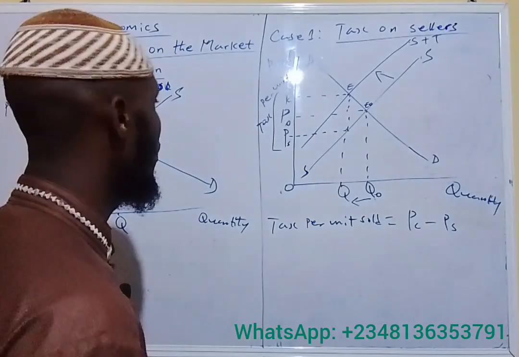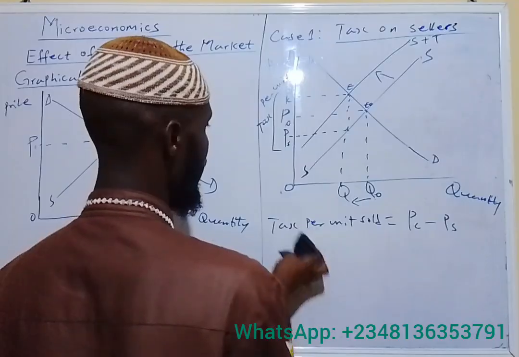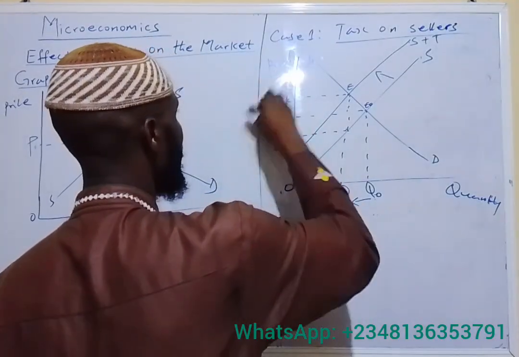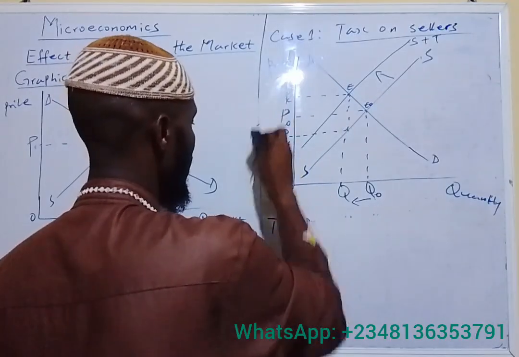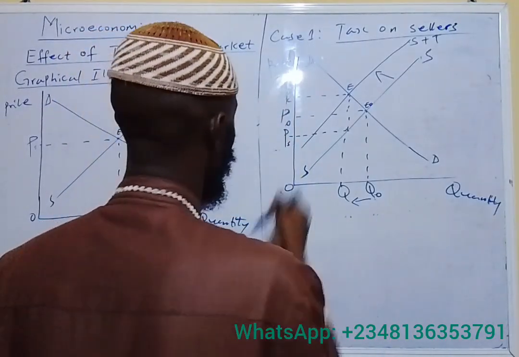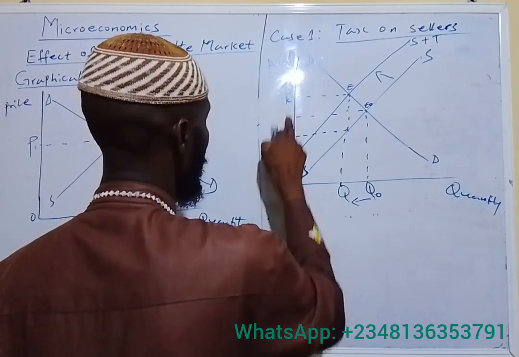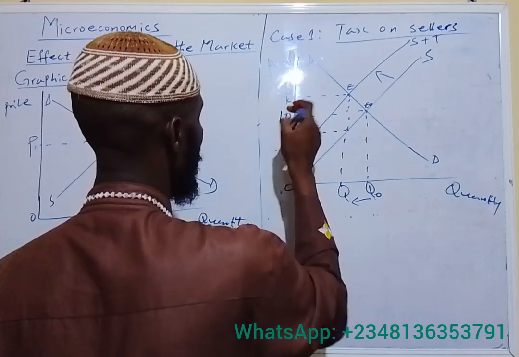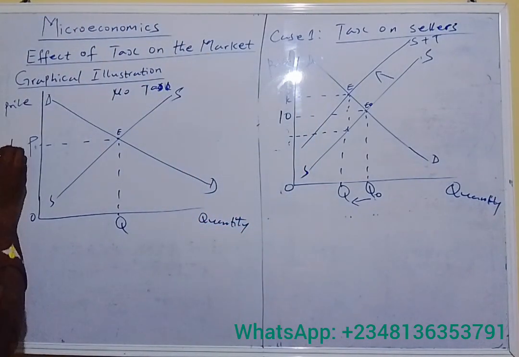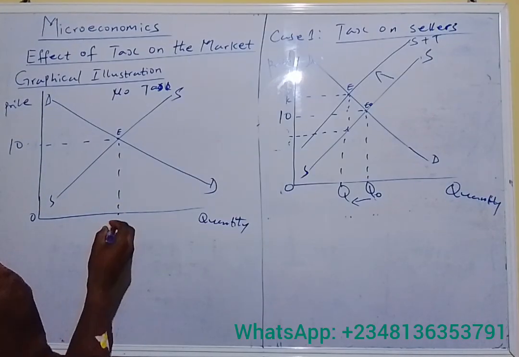So here, let's say the original price for PS is 10, without imposition of tax, and let's say this is 20.